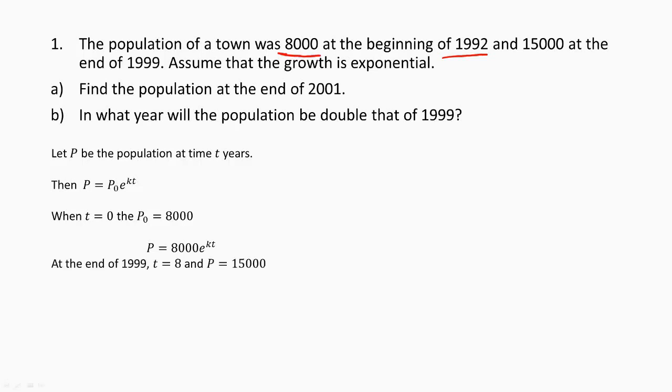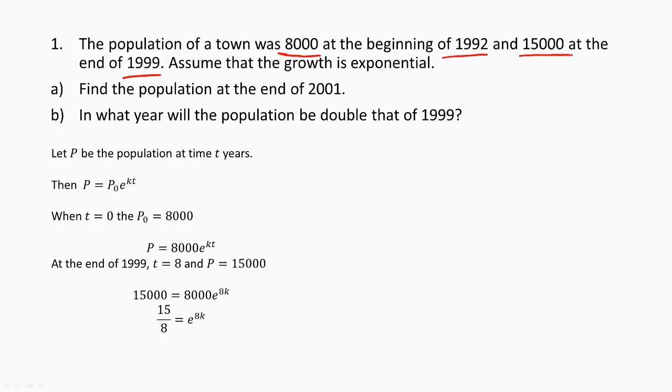Now we're going to use the other piece of information, 15,000 at the end of 1999. So at the end of 1999, that's time equals 8 and P equals 15,000. So our equation becomes 15,000 equals 8,000 e to the power of 8k. Now our job is to solve for k. So divide 15,000 by 8,000.